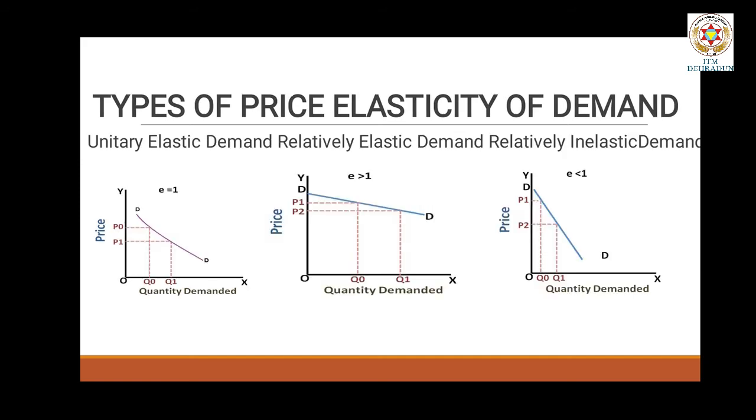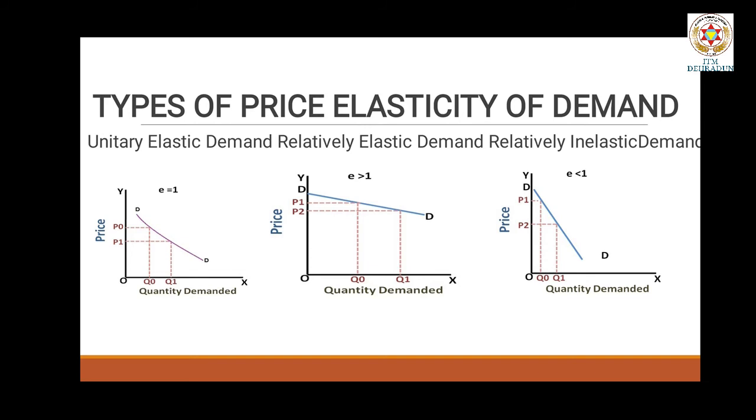The next is unitary elastic demand. When a proportionate change in price brings about an equal proportionate change in quantity demanded, then the commodity is unitary elastic. Elasticity equal to 1.